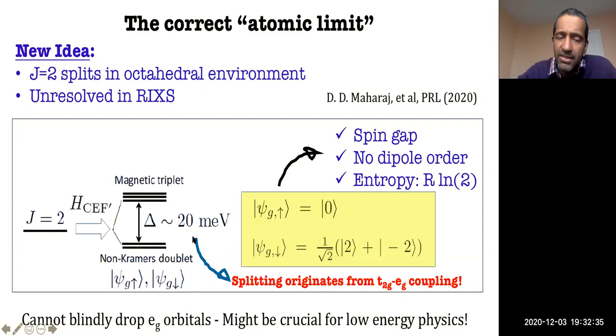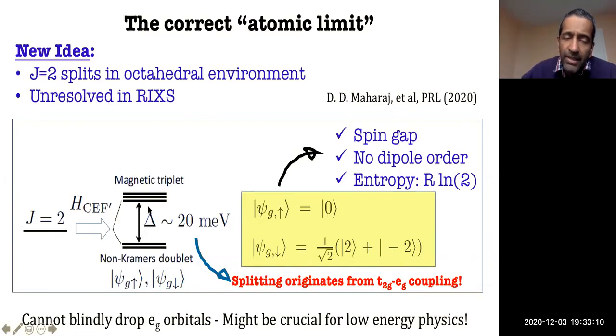Okay. And we find that the ground state here is basically what's called a non-Kramers doublet. In other words, it's not a doublet protected by Kramers theorem associated with time reversal symmetry, but rather it's a doublet where one state is made with Jz equal to 0, where the z direction, let's say, points along a crystal z direction. And the second state is made from a linear combination of Jz being 2 and minus 2.